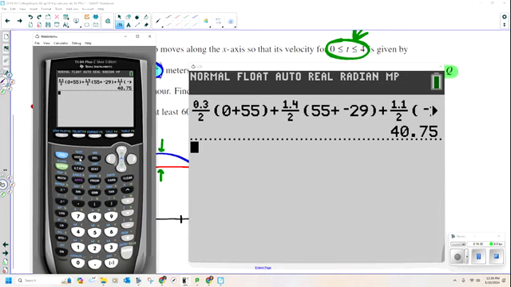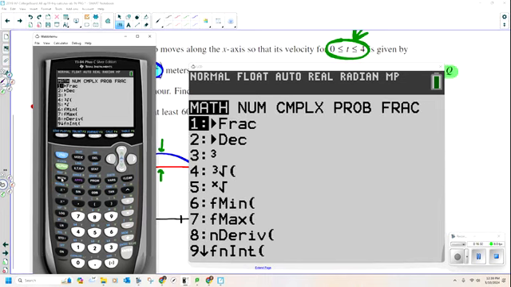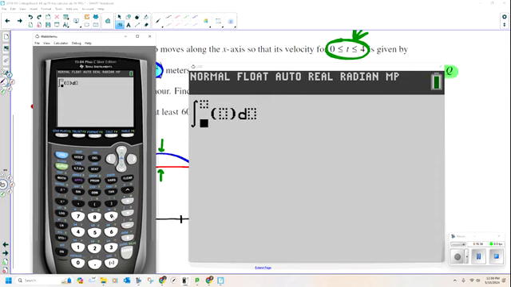Let's quit this, clear this out, and go to math 9. That's for my integration from 1.866 to 3.519. I got to put my equation for VQ of t, which is 45 square root of x cosine.